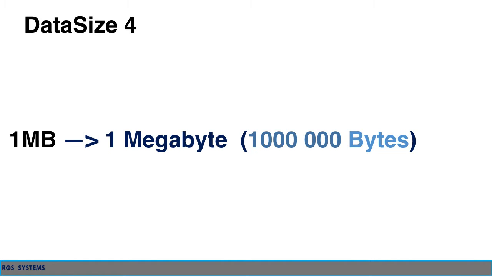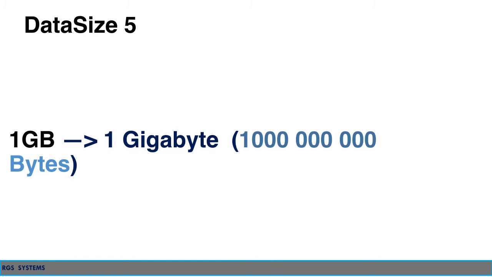For example, any email attachment could be in megabytes. The next one is 1 gigabyte. 1 gigabyte is 1000 megabytes. In terms of zeros, you could see it is adding another 3 zeros.